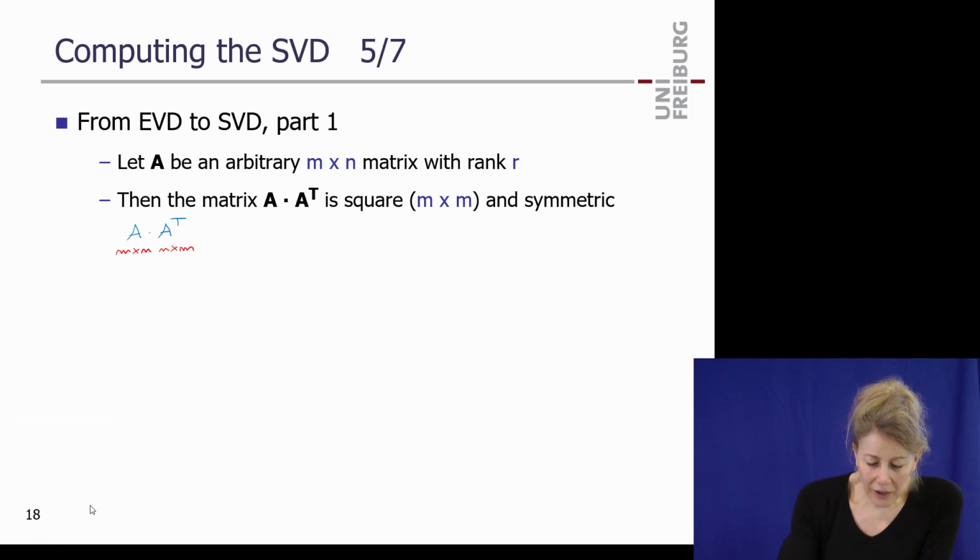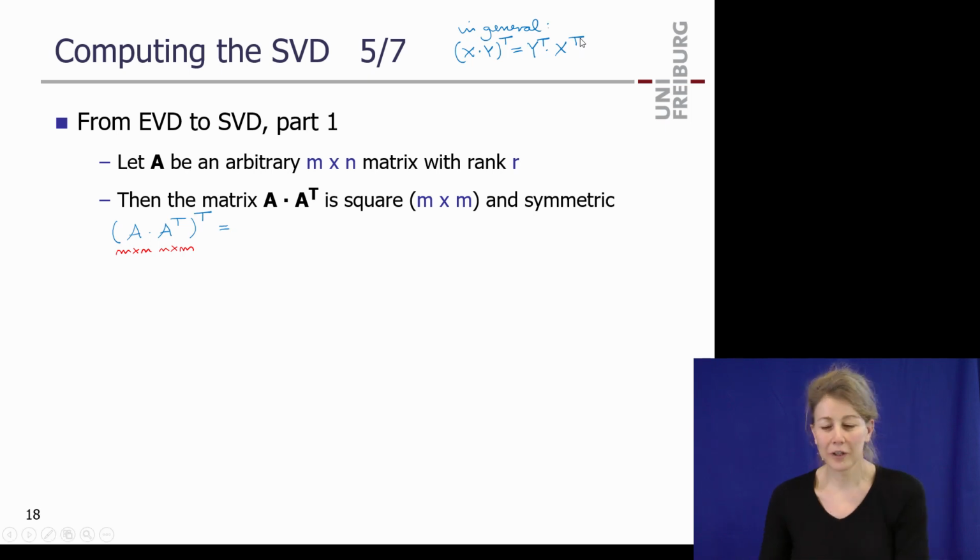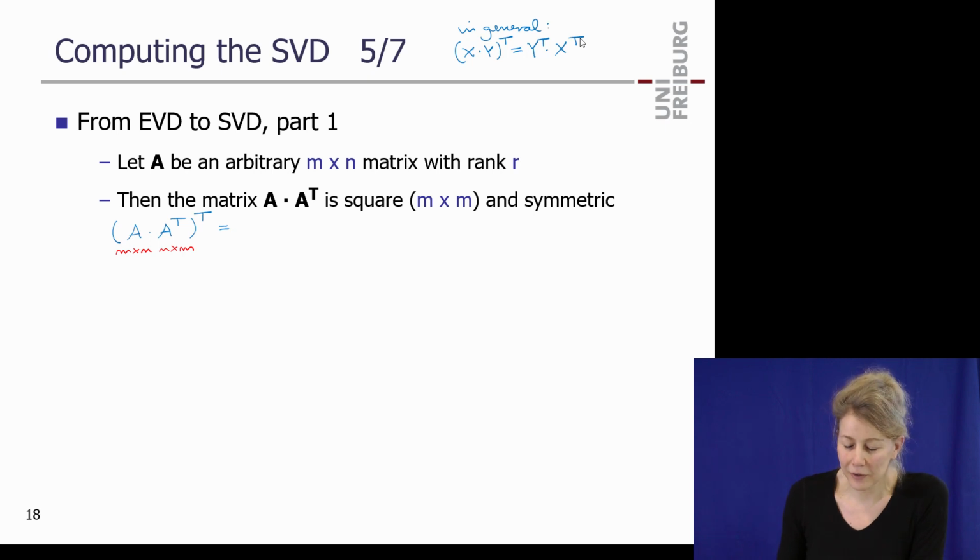And now, symmetric means the transpose is again the same matrix. So I take the transpose of this matrix, (A times A transpose) transpose. In general, in case you didn't know this, which is proved easily by just doing the basic math, if you take the transpose of a product of two matrices, the order changes. The transpose of a product is the product of the transposes, but with the factors switched.